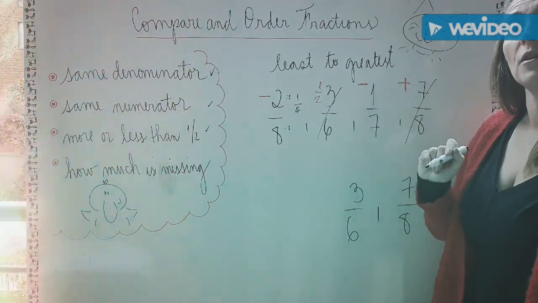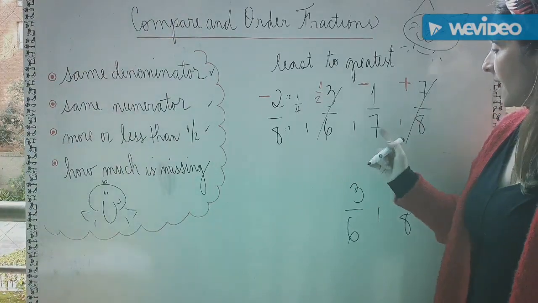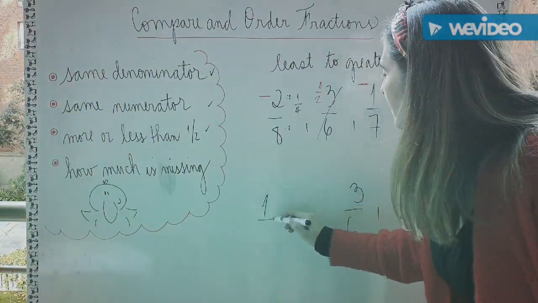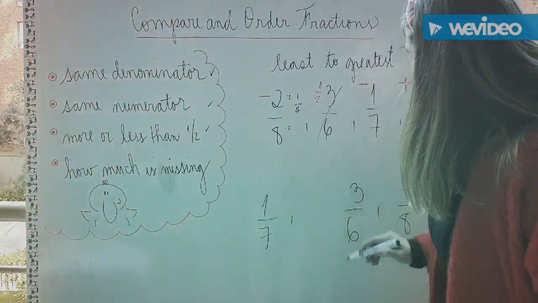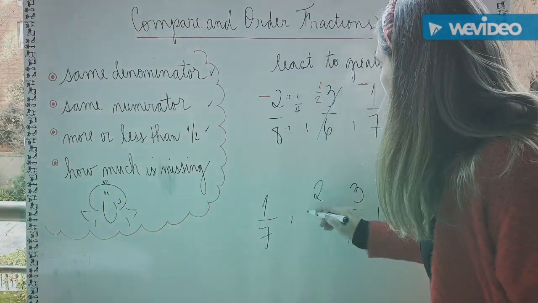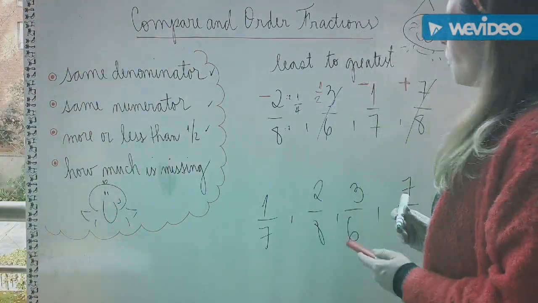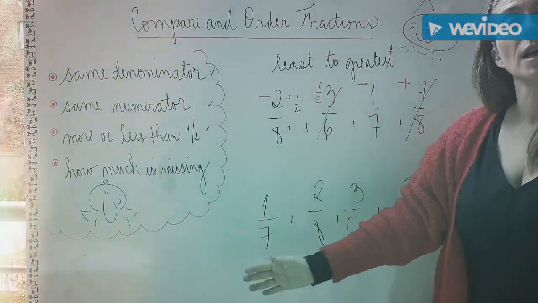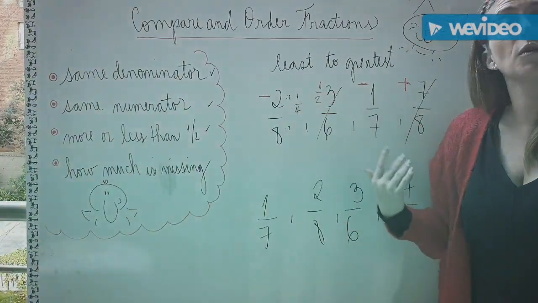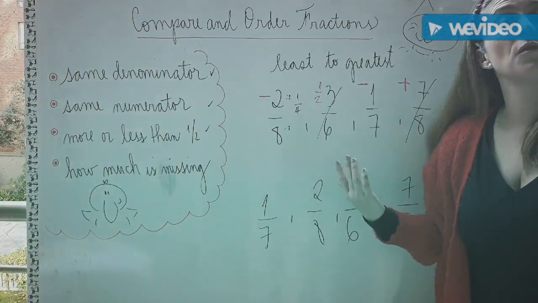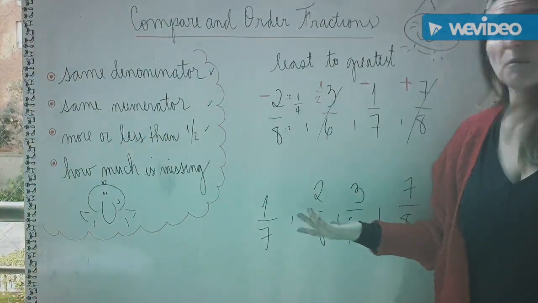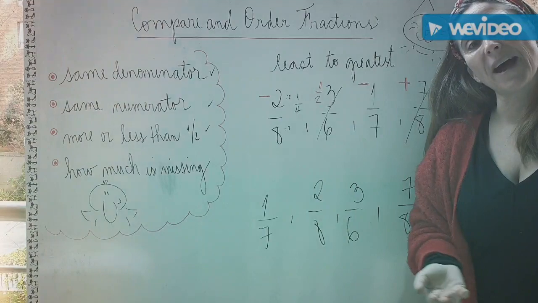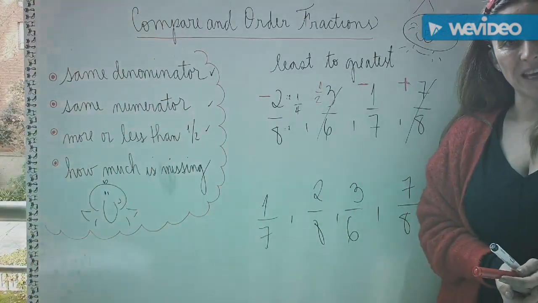So right away, you can tell which one is the smallest, and it's 1/7. And then 2/8. When you are ordering, you can apply any of the rules and try to figure it out. So you don't need to do the least common multiple, because you know how to do it now, but it will take you longer, okay?